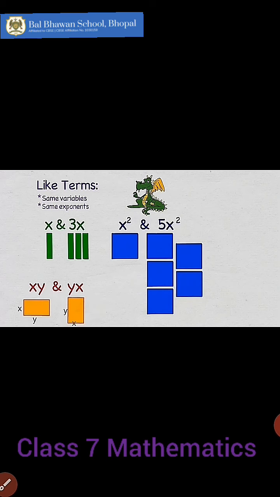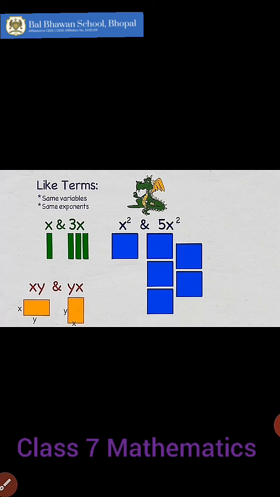For example, if I say x and 3x, here both of them are having x as the variable part and the coefficients of both of them are different. x is having 1 as the coefficient, whereas 3x is having 3 as the coefficient. But again, coefficient doesn't matter. What matters is the variable and the power of the variable.